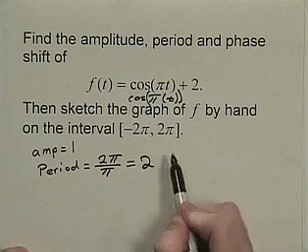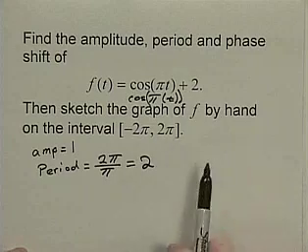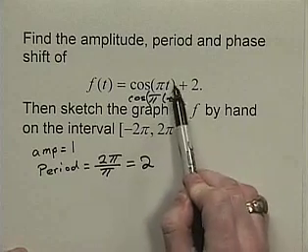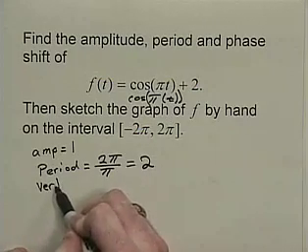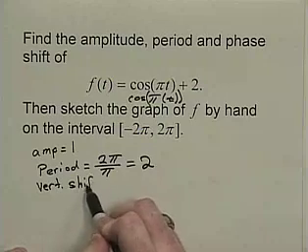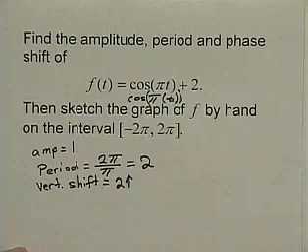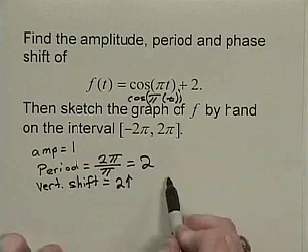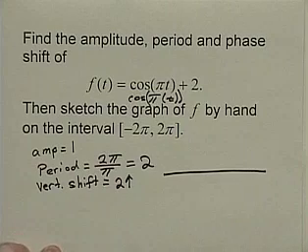The period's simply going to be 2 then. And there's no phase shift because we're not adding anything to the group here, so there's no addition or subtraction. There's no phase shift. And the vertical shift, that's equal to 2 upwards. So if we want to graph this by hand, this is a cosine function.